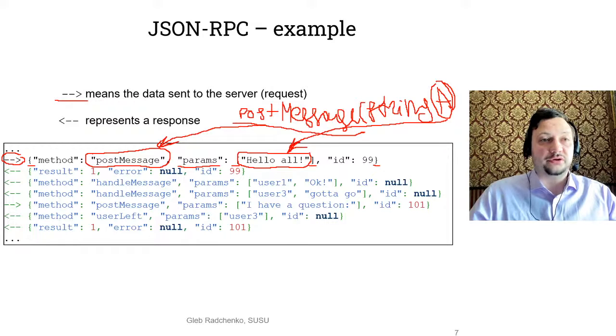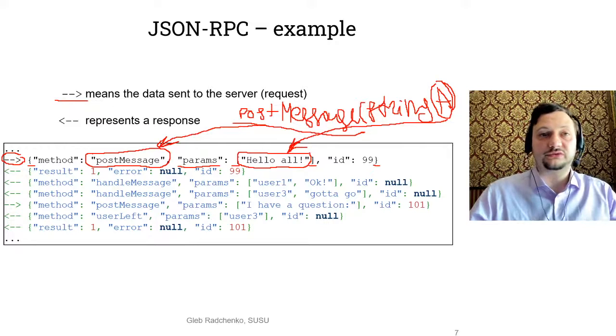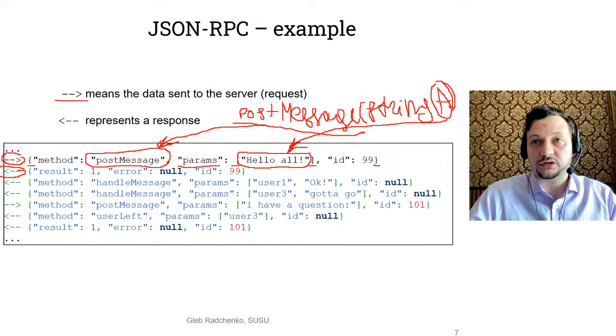So the server sees this parameter, sees this incoming string. What is he doing afterwards? He sends the result of the implementation of this method. The result, so he returns 1.